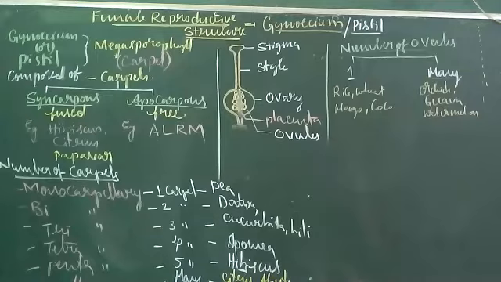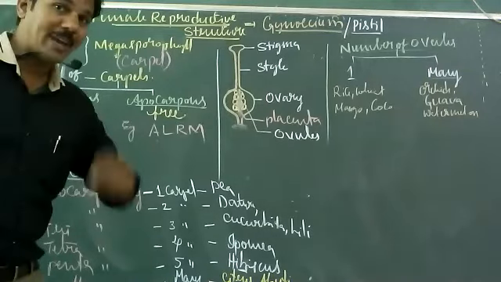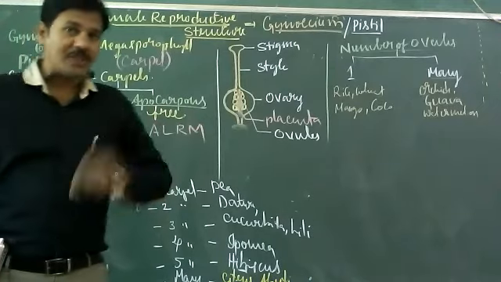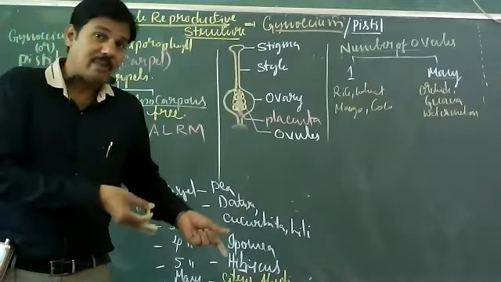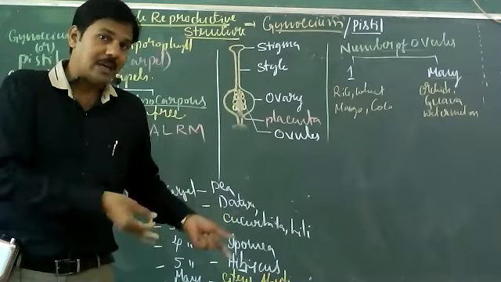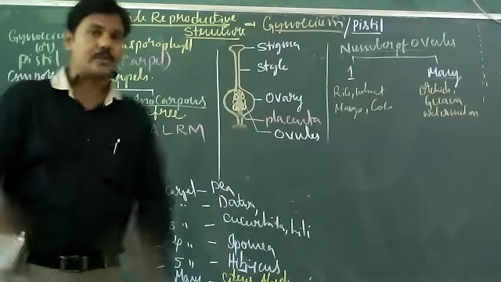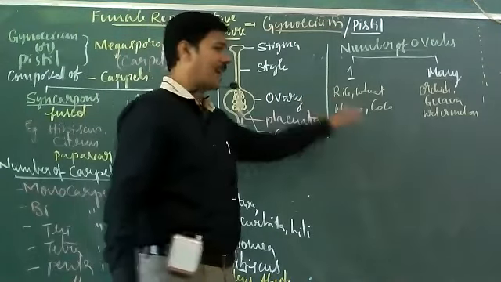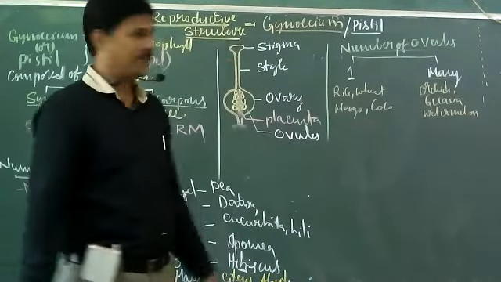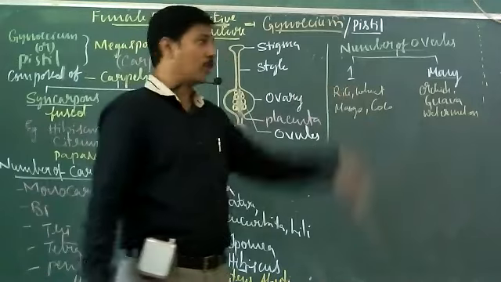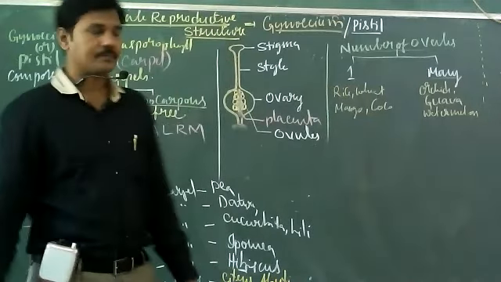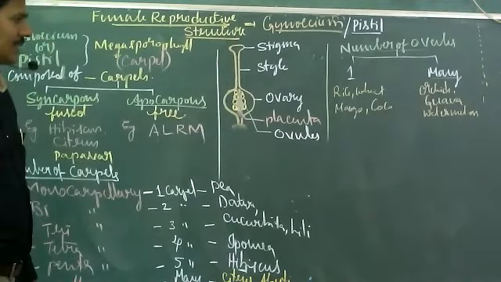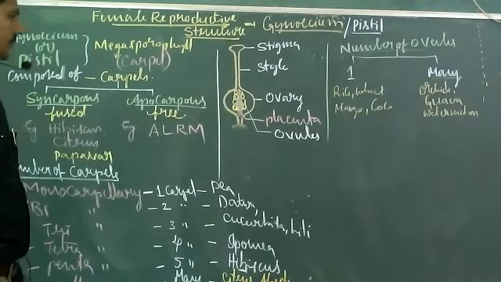The number of ovules may vary from species to species. They may vary from single ovule to many ovules. So example, single ovule in case of rice, wheat, mango, coconut. Many ovules, orchids, Goa, watermelon. And now let us see the structure of ovule.